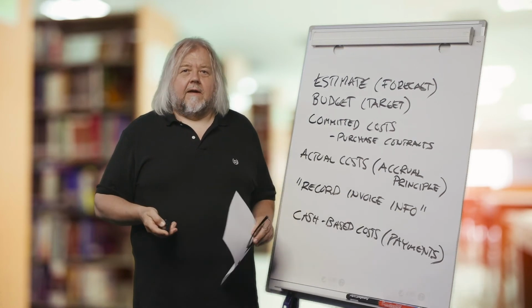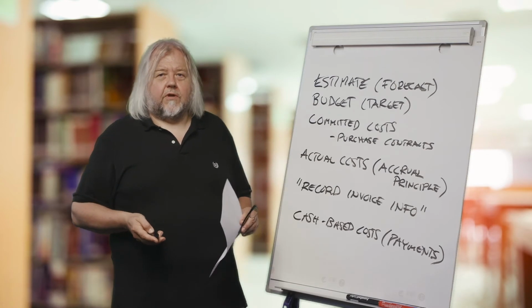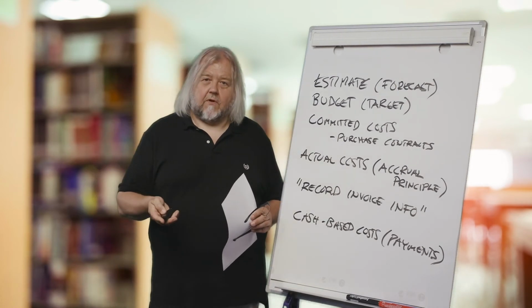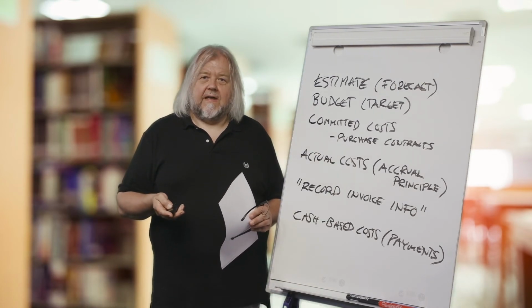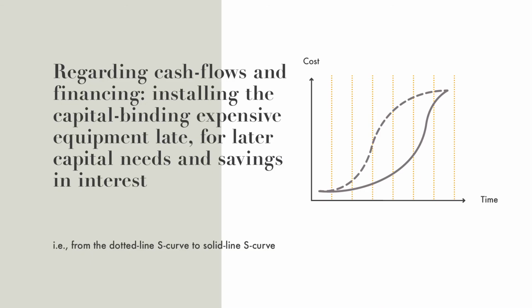Well, having now talked about the cash flows, we have here a picture which shows two S-curves of cash flows, of how the costs are accumulated in terms of cash flows, I mean payments.